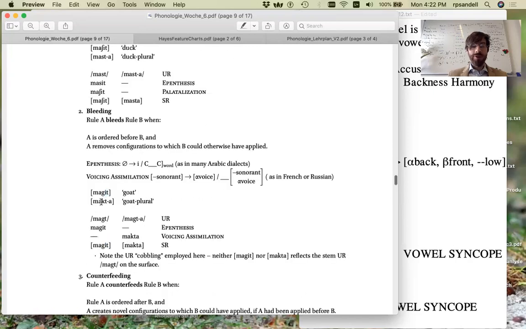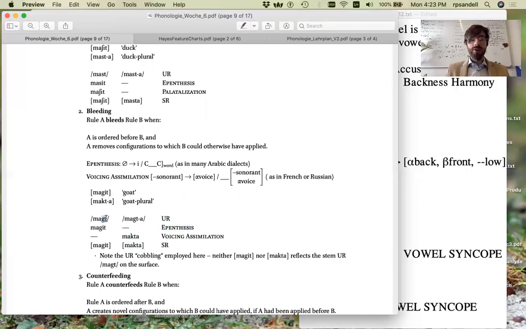But we also now have an alternation of voiced g with voiceless k. In this case, by assuming that the voiced sound, given these two rules, is underlying, we can derive the correct forms. By having epenthesis apply prior to voicing assimilation, epenthesis removes the conditions for the application of voicing assimilation.